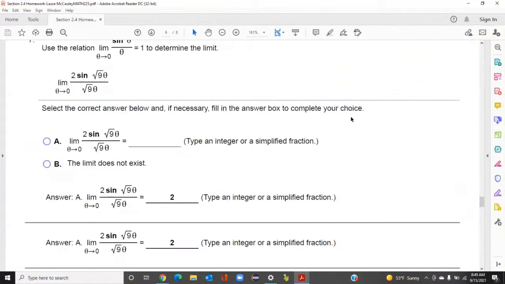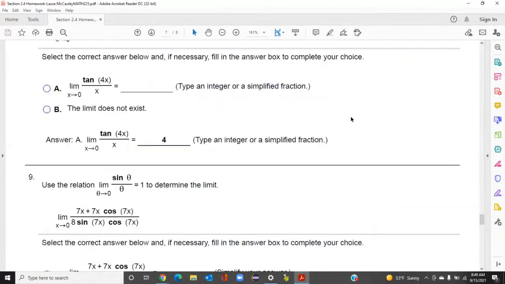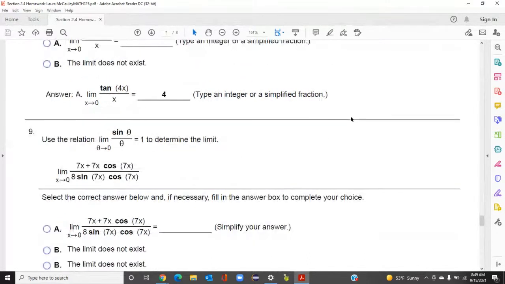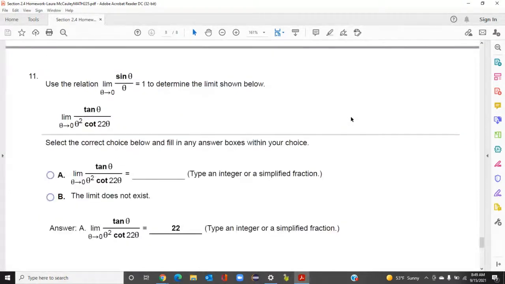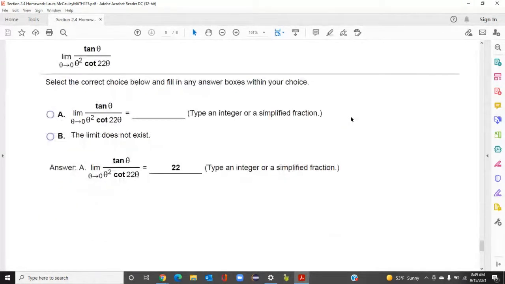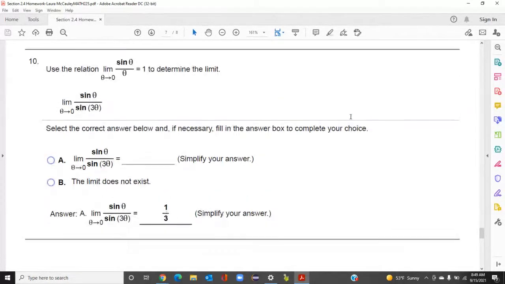All right, and let's look at one more, because these are all doing the same thing. I have a lot of these. They're fun. Okay, so let's look at, I don't know which one.